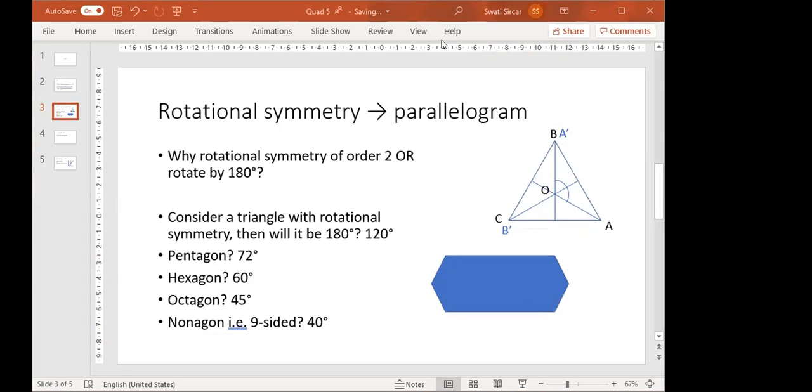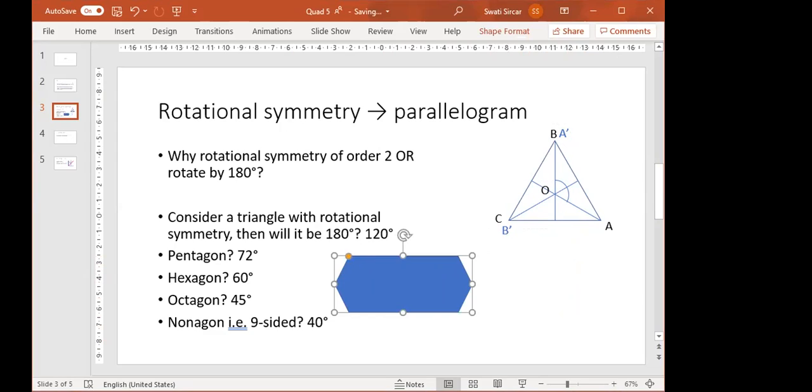Yes, okay. Now, if I draw a different hexagon, and let me try to draw it, I'm going to annotate here. So for this hexagon, what would be the angle of rotation?